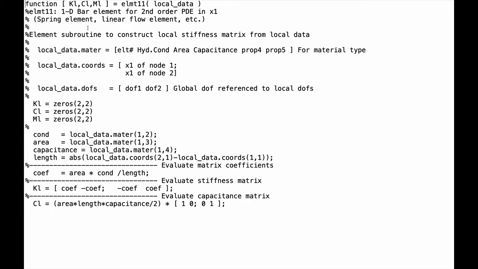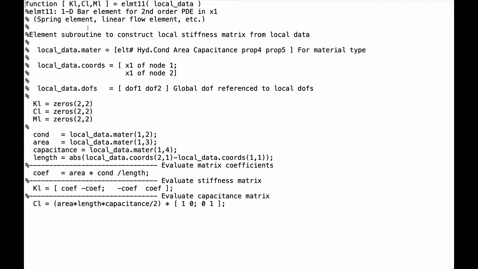And to be able to do the calculations, it needs to make a matrix which is equal to this area multiplied by conductivity divided by the length of the element, simply what it is. So it does this calculation for this coefficient, and then it makes a 2 by 2 matrix, which it then sends back to the rest of the code.